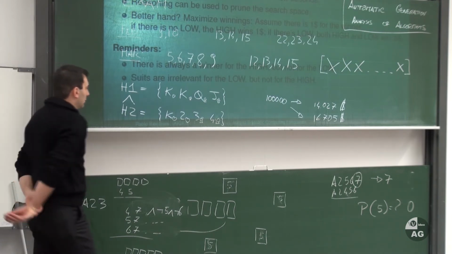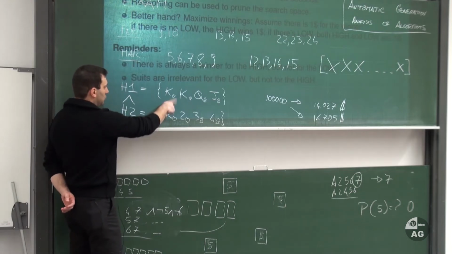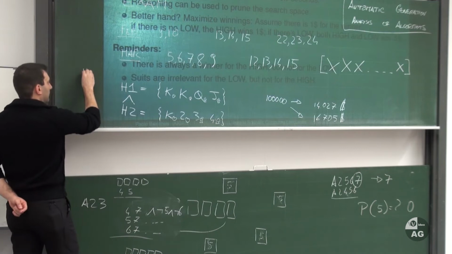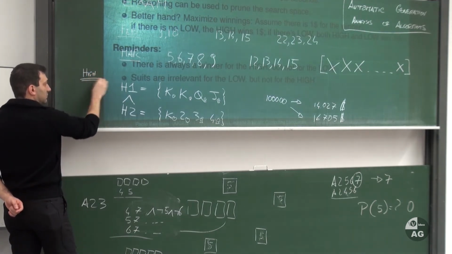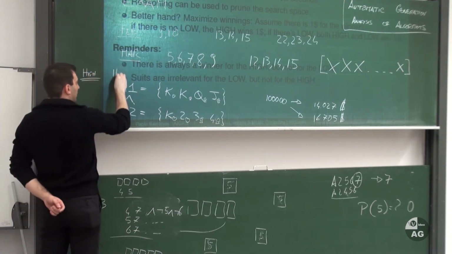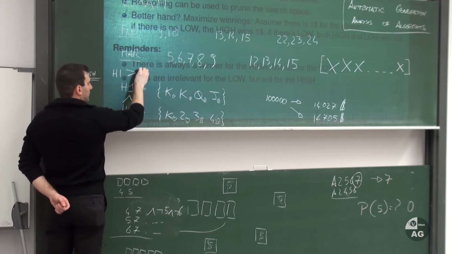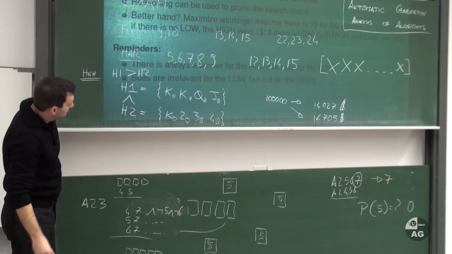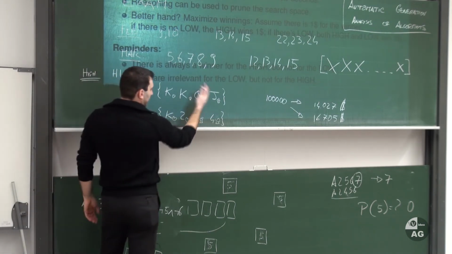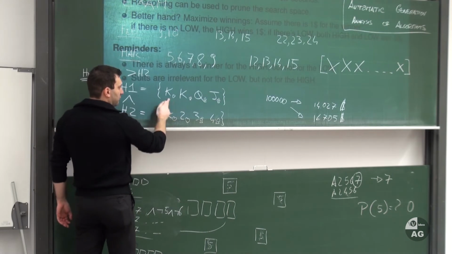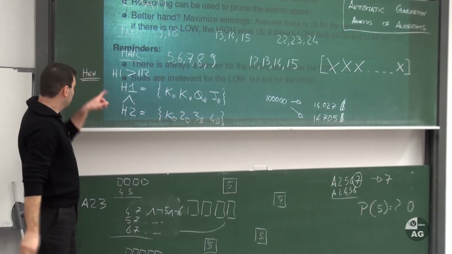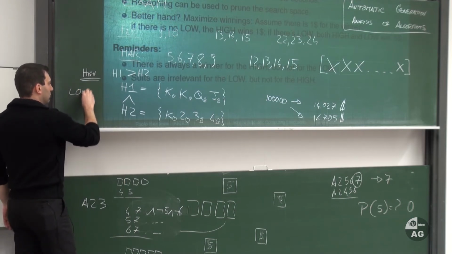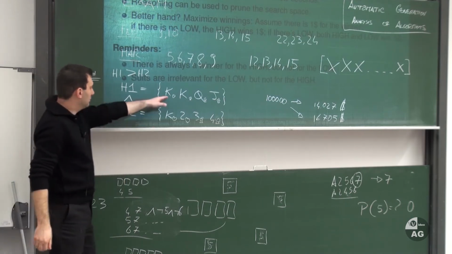So why did I choose these cards? For the high only, H1 is clearly better than H2. You can do straights, you can do flushes, you have pretty good starting cards. So for the high, no comparison. For the low, well, this is worthless.